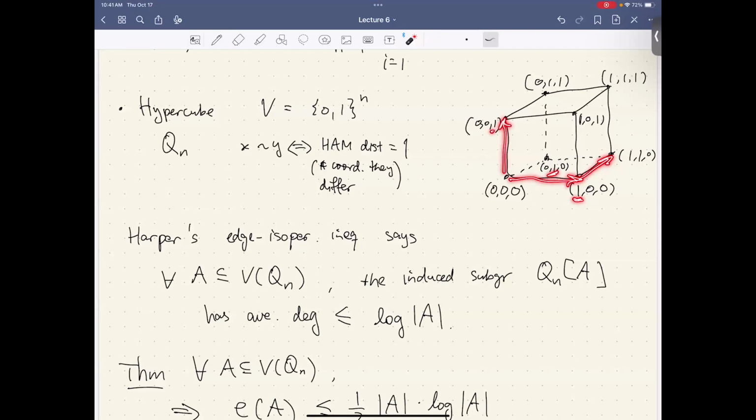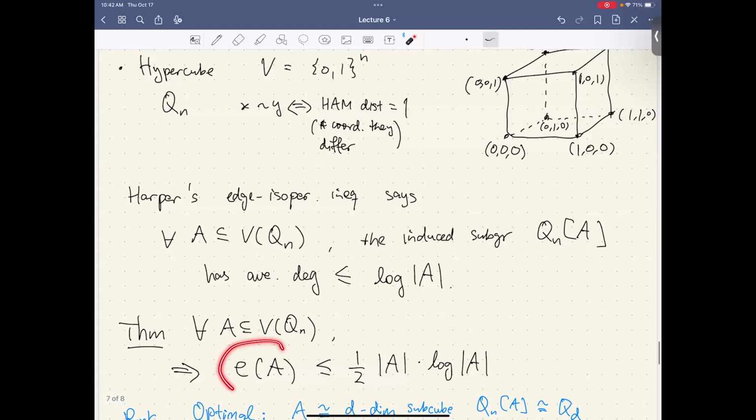Up is direction 3, the third coordinate. We can naturally partition the edges in the hypercube according to direction. We can also partition edges in A in terms of which way they are facing. So I will write E_i(A) to be the direction i edges in A.